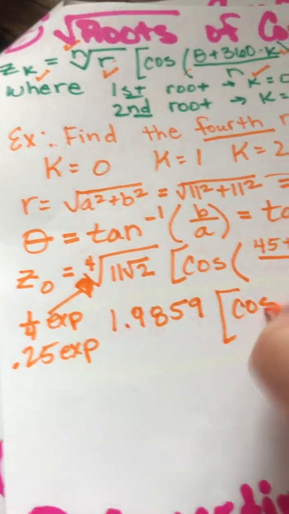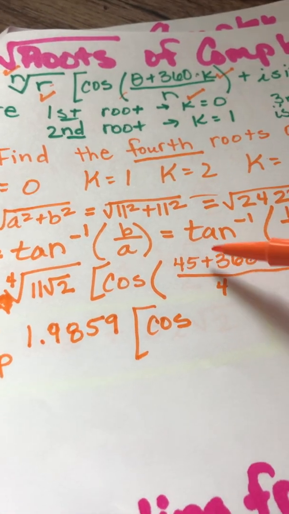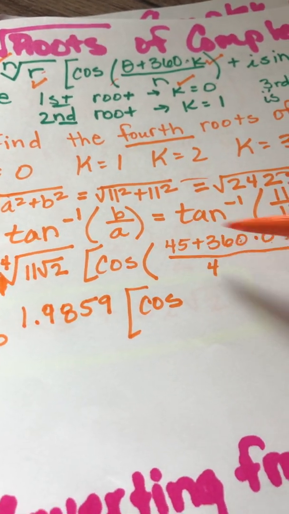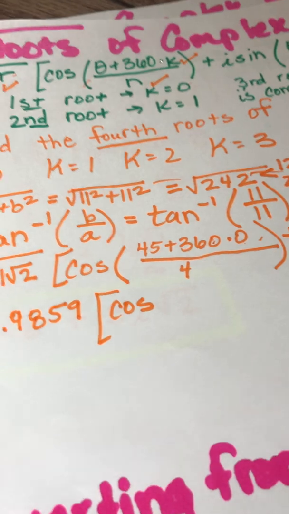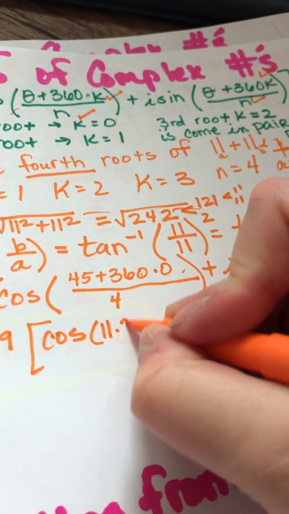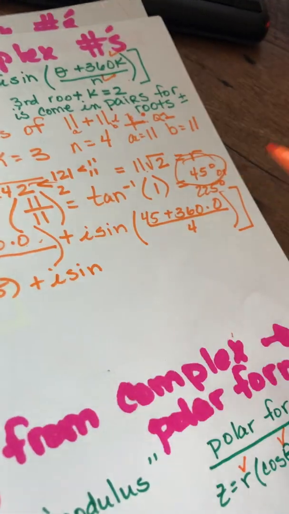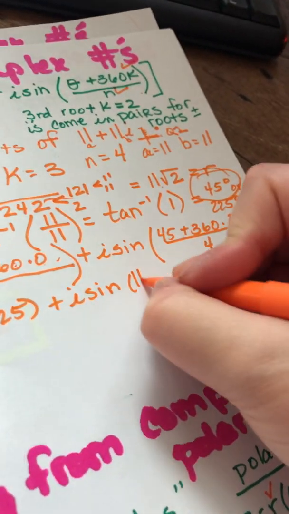Okay, good. And then bracket cosine. Let's see, 360 times 0 is 0, plus 45 is 45. 45 divided by 4 is 11.25, plus i sine, this is the same thing, 11.25.